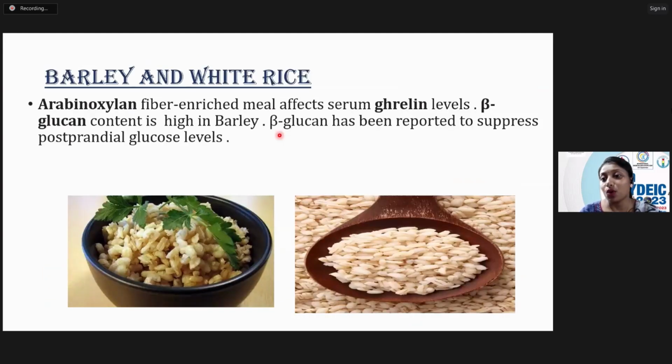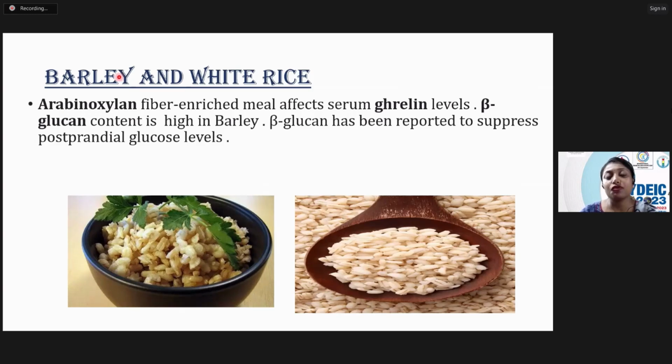It's not that we always have to look for a resistant form of starch. There are other ways by which we can lower the glucose release. One such example is cooking white rice with barley. Now we know that barley is highly viscous, and though it has its own benefits, it's not very easy to consume.